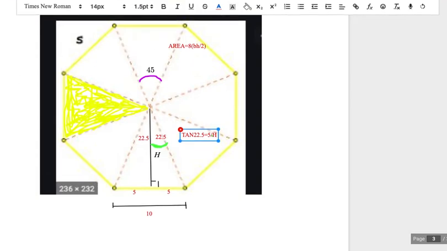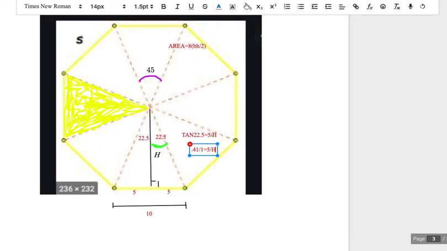So I'm going to go ahead and write 0.41 over 1 equals 5 divided by h. And I'm going to have to write my cross product.